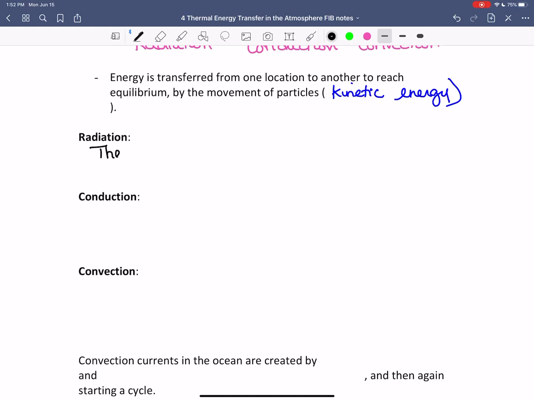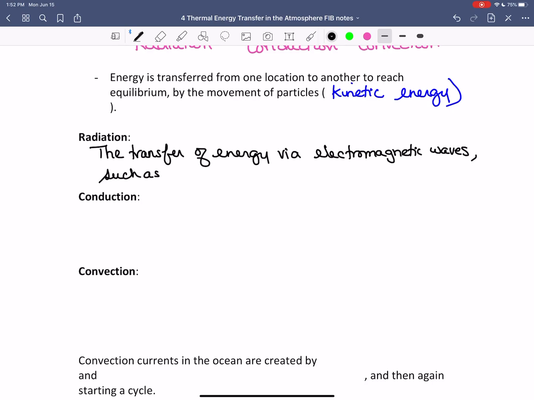So for radiation, this is the transfer of energy via electromagnetic waves. For example, the rays from the sun to the earth, or a bonfire.